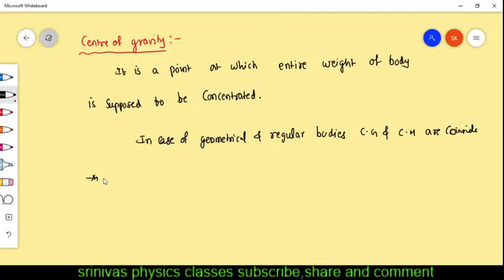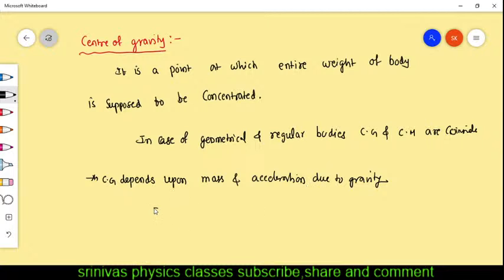Center of gravity depends upon mass and acceleration due to gravity. But center of mass is independent of acceleration due to gravity. Center of gravity depends upon the acceleration due to gravity.